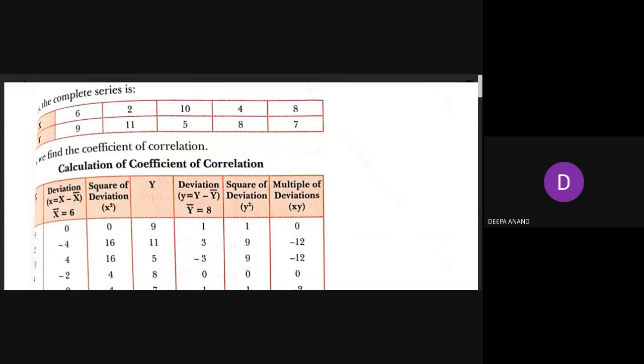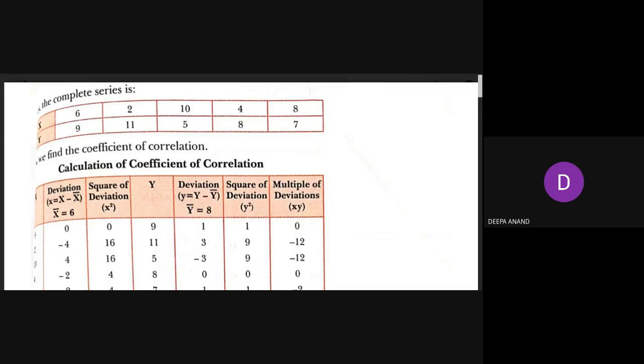Each x minus x bar: x bar is 6, so 6 minus 6, 2 minus 6, 10 minus 6, 4 minus 6, and 8 minus 6. After that, square that column, x square.